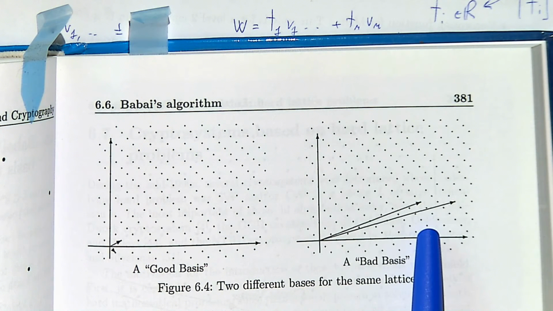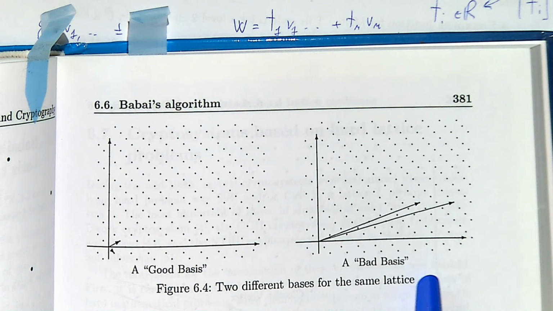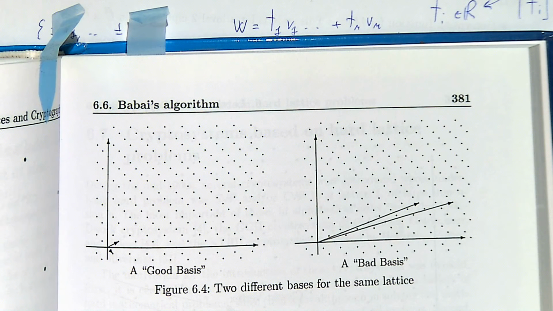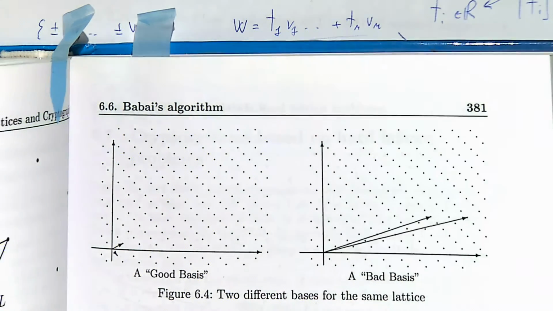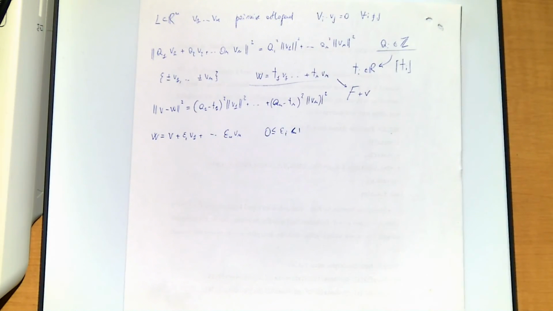And so now what can happen is that this basis is good and this basis is bad. How you determine that is the angle between the 2 vectors. If the angle between the 2 vectors is maximal, remember that at most you're going to have 90 degrees because they're orthogonal, then it's a good basis. If the angle is very acute, then it's a bad basis. And when you have a bad basis, this procedure is not going to work very well, because when you try to approximate, you're going to go towards a basis vector that is super skewed, but that's not necessarily the closest one.